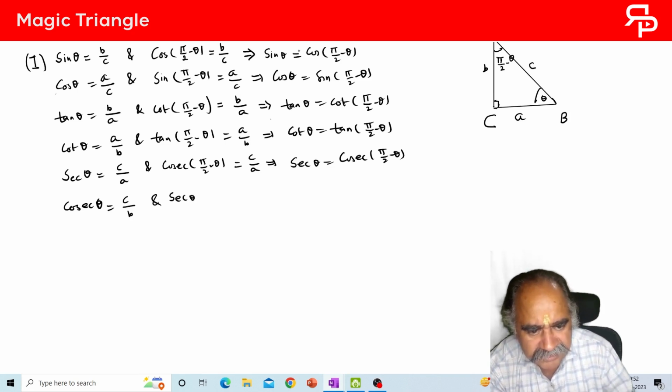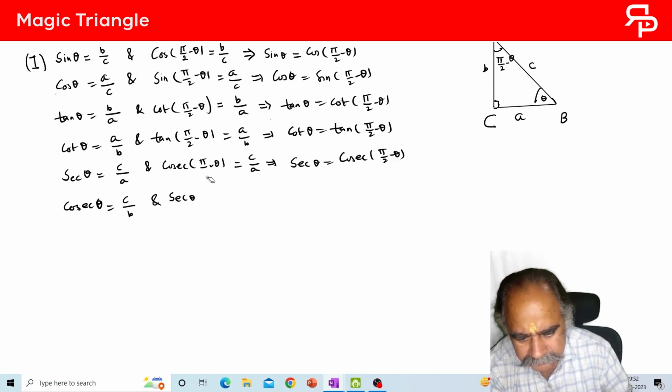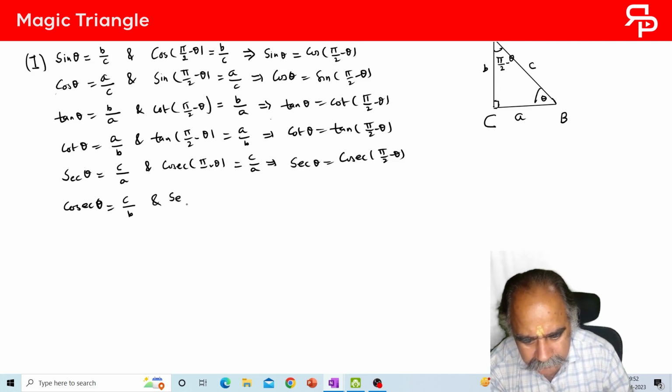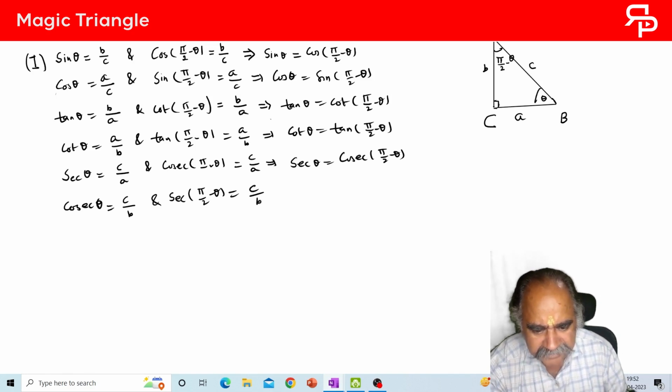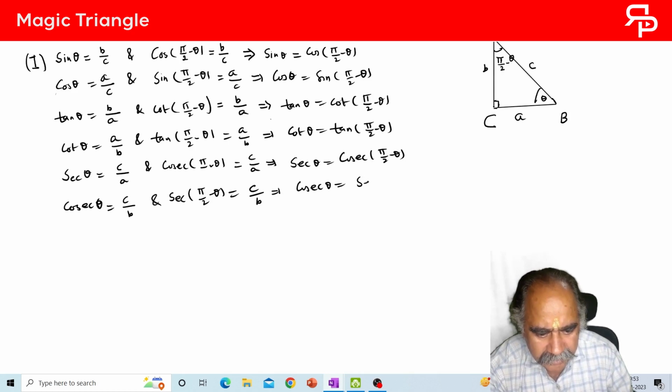Sec of pi by 2 minus theta is c by b, hypotenuse upon adjacent. So this implies cosec theta is sec of pi by 2 minus theta.